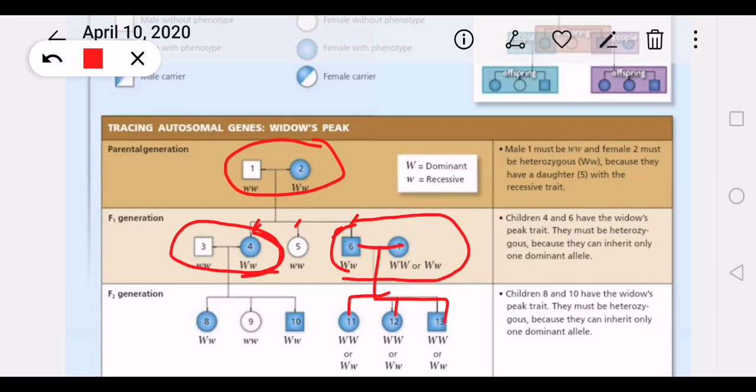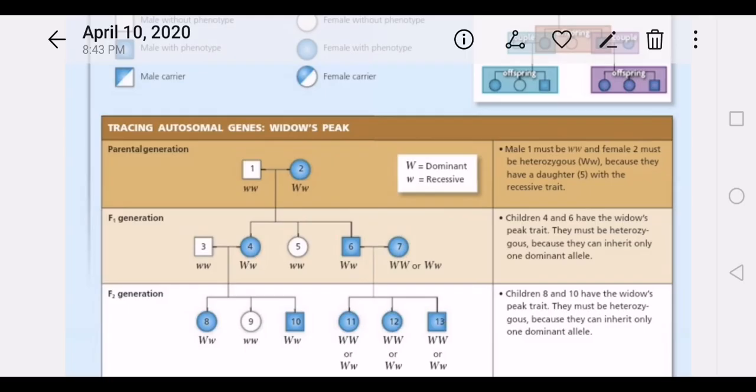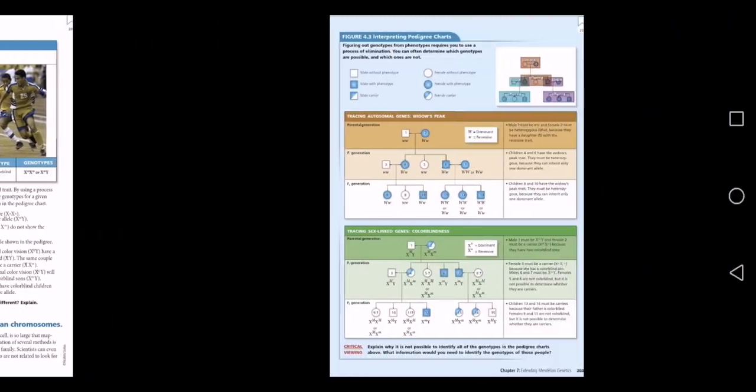All of them have the phenotype. And this daughter got married with this man and they have 3 kids. Two of them have the trait, one of them does not have the trait. Clear? This is the pedigree.